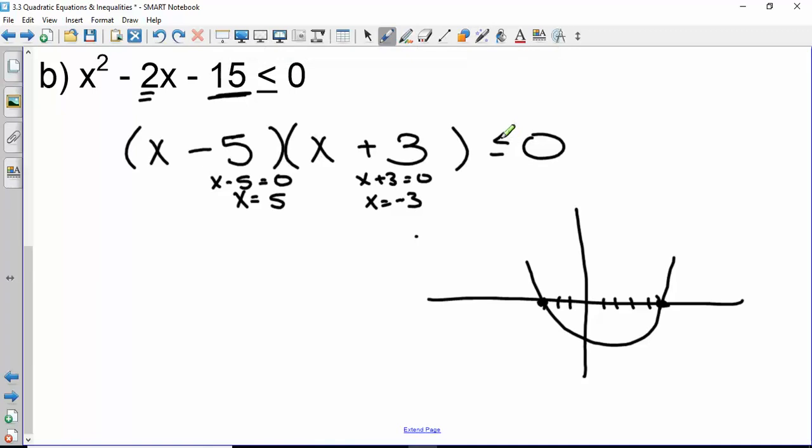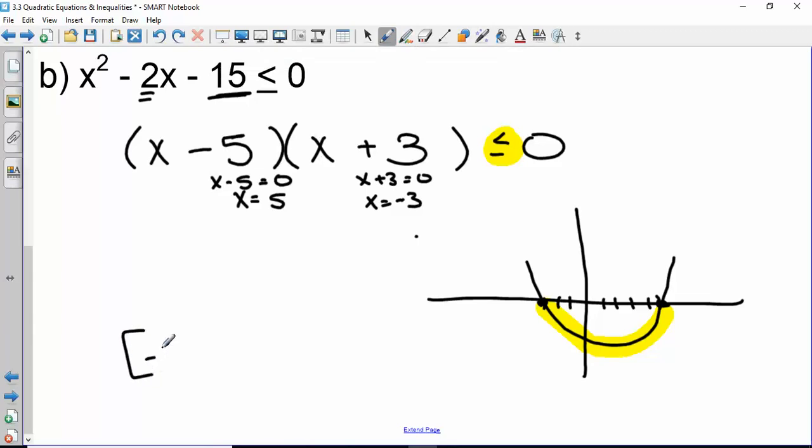Okay. Again, I asked you for less than. So is that above or below? Below. So those less thans, we're getting part below the axis. Because it had an equal to, that means brackets.